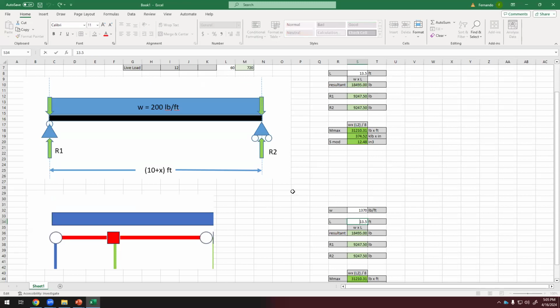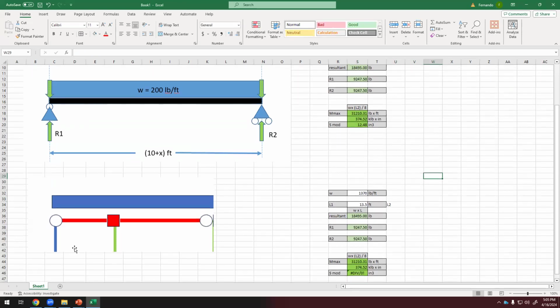L, it's 13.5, but now we have L1, and we're going to have L2.